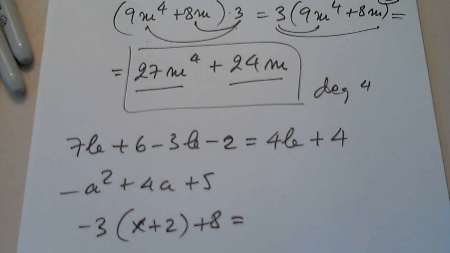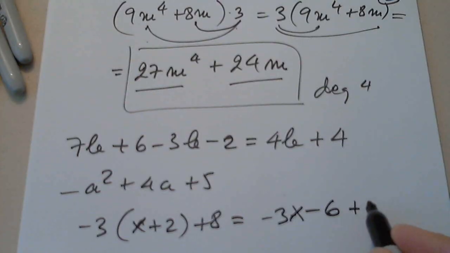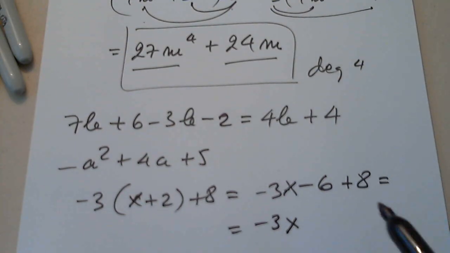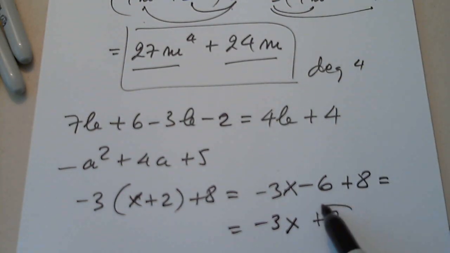Okay, can anyone walk us through this? Negative 3x minus 6 plus 8, good. So negative 3x is alone by itself, right? In other words, negative 6 plus 8 will be positive 2.